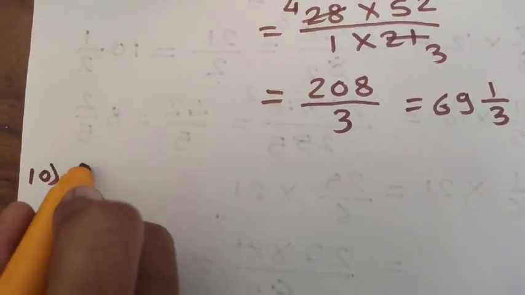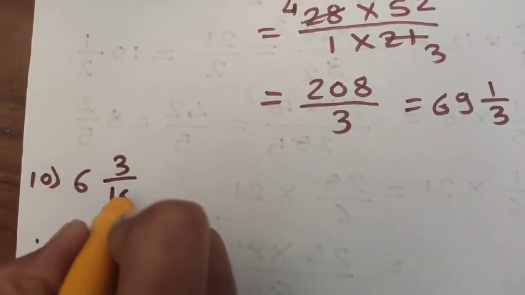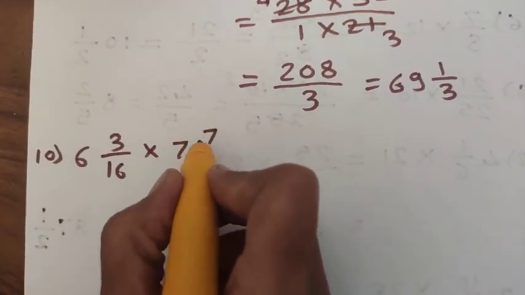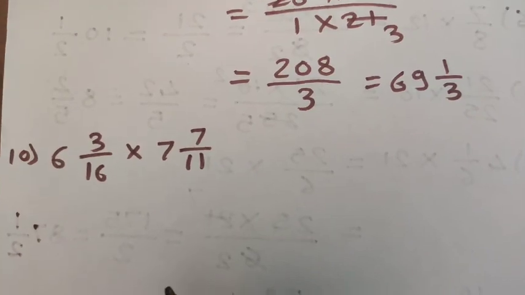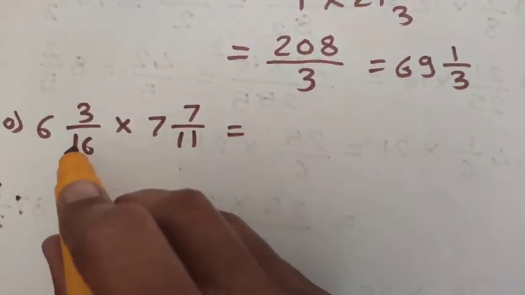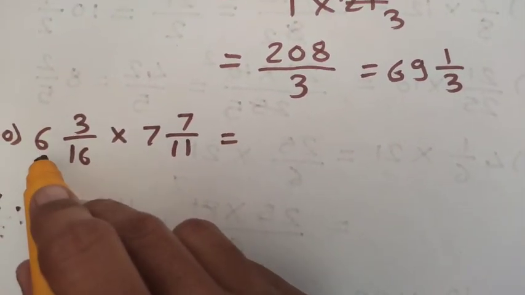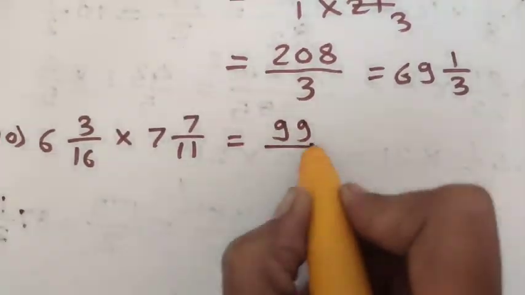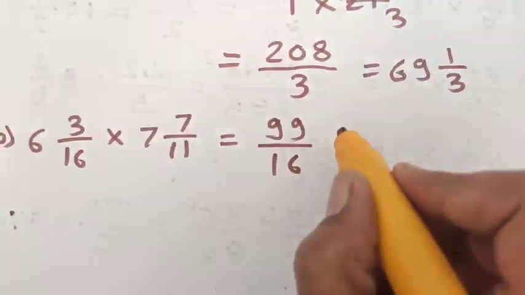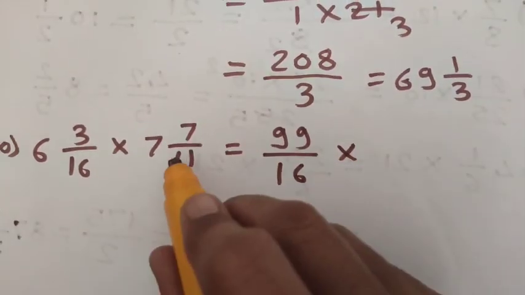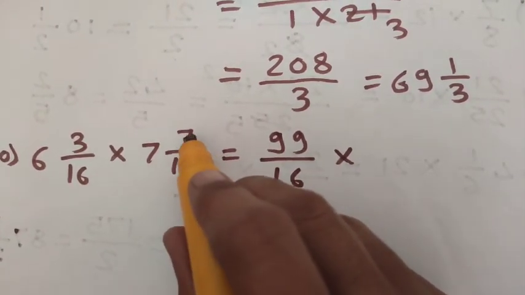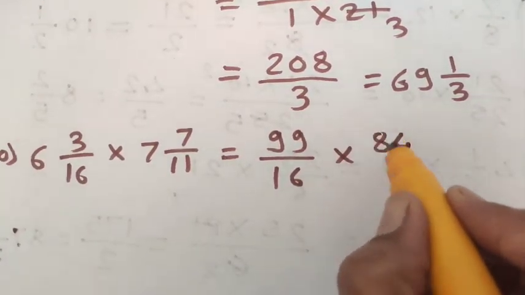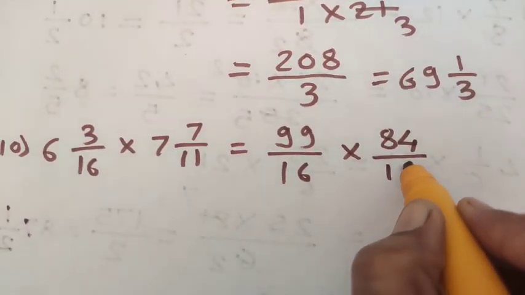6 integer 3 by 16 multiplied by 7 integer 7 by 11. First convert into improper. 16 6s are 96 plus 3, 99 upon 16, multiplied by 11 7s are 77, 77 plus 7, 84 by 11.